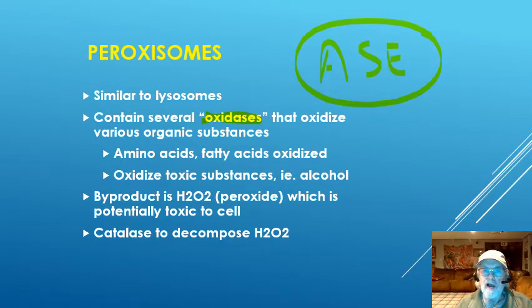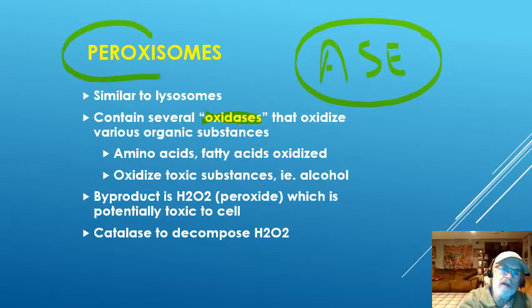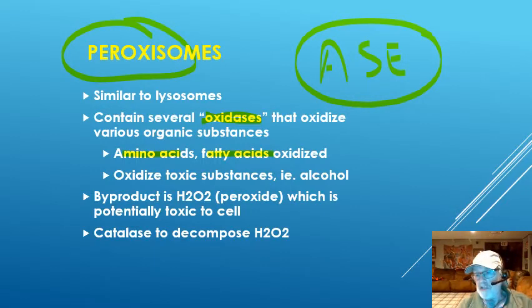These oxidases oxidize various organic substances. Things like amino acids and fatty acids are oxidized. That's how they get rid of those. Also things like alcohol and other toxic substances are oxidized. So the peroxisomes will take care of them.